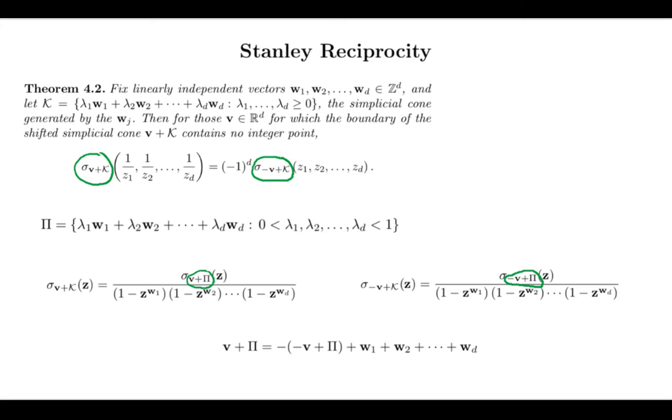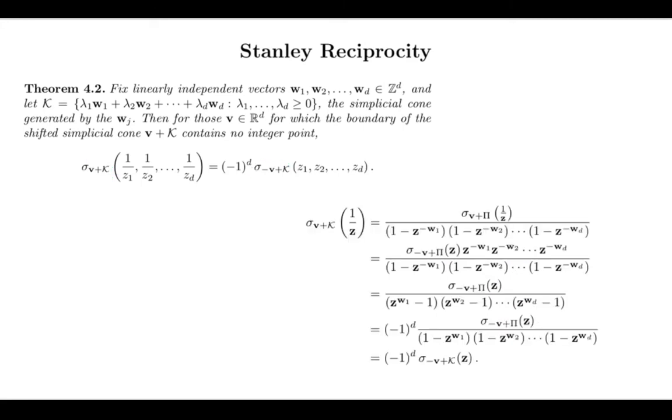There is an elementary geometric relation between the parallelepiped pi shifted by v and the one shifted by negative v. And this in turn means that there's a relation between the integer point transform of the numerator on the left and the integer point transform on the right. The details of how this plays out are described in section 4.2.